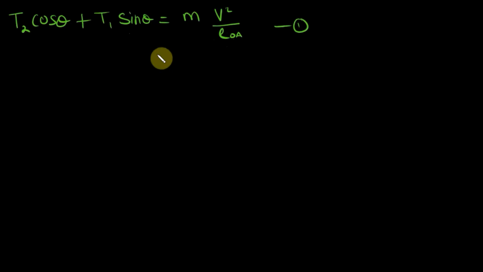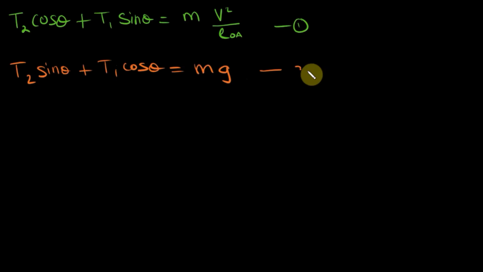This was our equation 1. Equation 2 was T2 sin theta plus T1 cos theta, all of this was equal to mg. This was equation 2. Let's just confirm it.